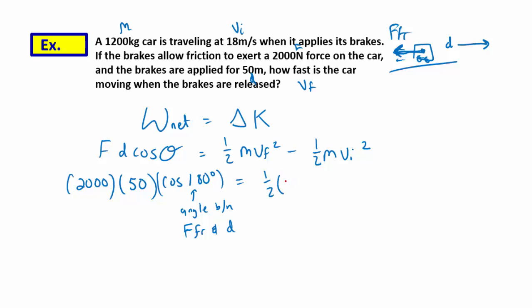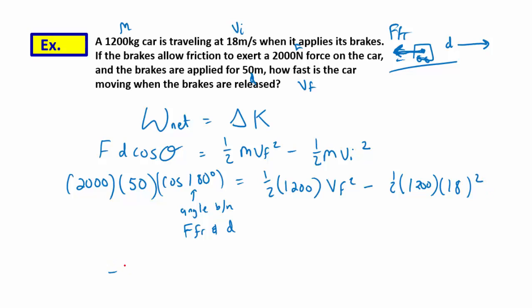1/2 the mass was 1,200 kilograms times vf squared, I'm trying to find that, minus 1/2 times 1,200 times, we started moving at 18 meters per second. Got to square it, don't forget to square it.